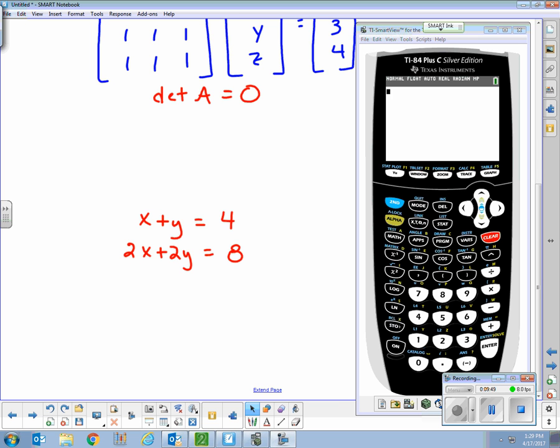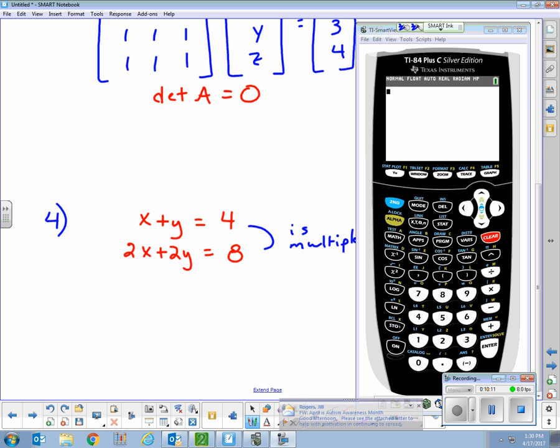So if I move on to a simpler type of system, it should be obvious that in this system there is no single solution because one equation is a multiple of the other. So every point that is on the line x plus y equals 4 is also on the same line 2x plus 2y equals 8. So when you set up this system of equations, the determinant is also 0.